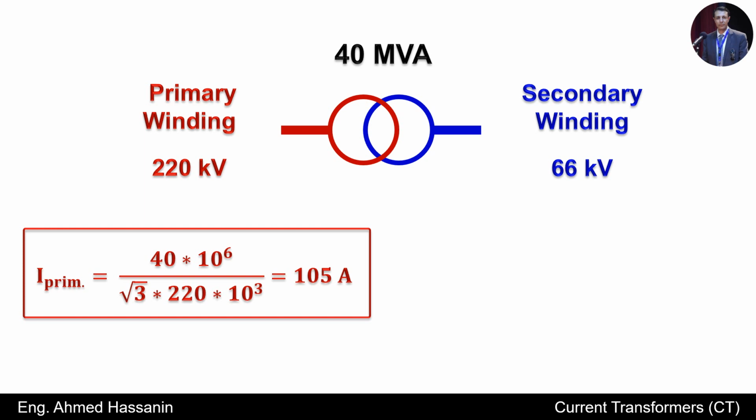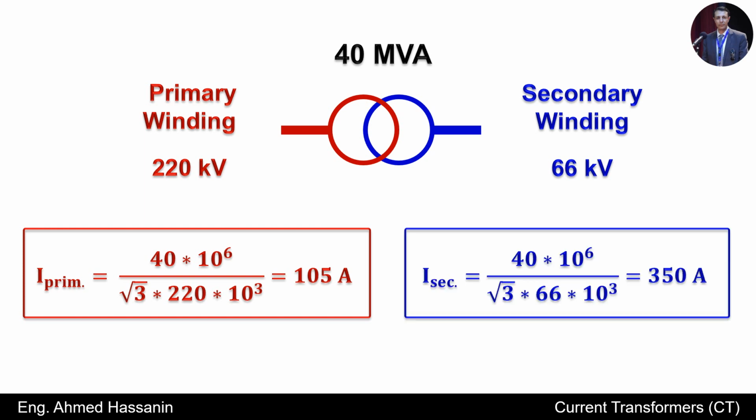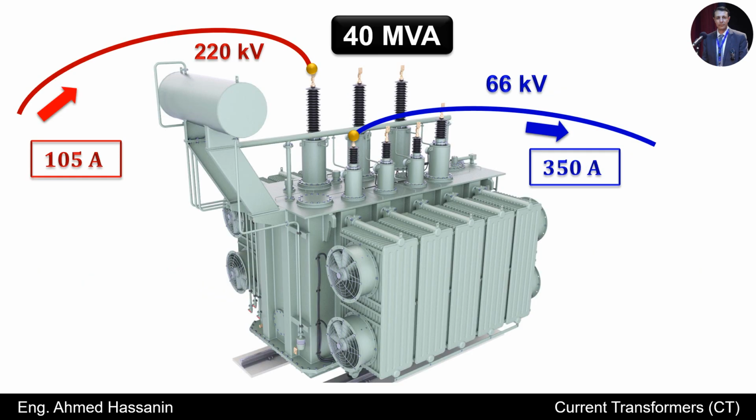So the primary current equals 105 amperes. To calculate the rated full load current on the secondary side, we use the same previous equation, but we put 66 kilovolts instead of 220 kilovolts. So the secondary current equals 350 amperes.